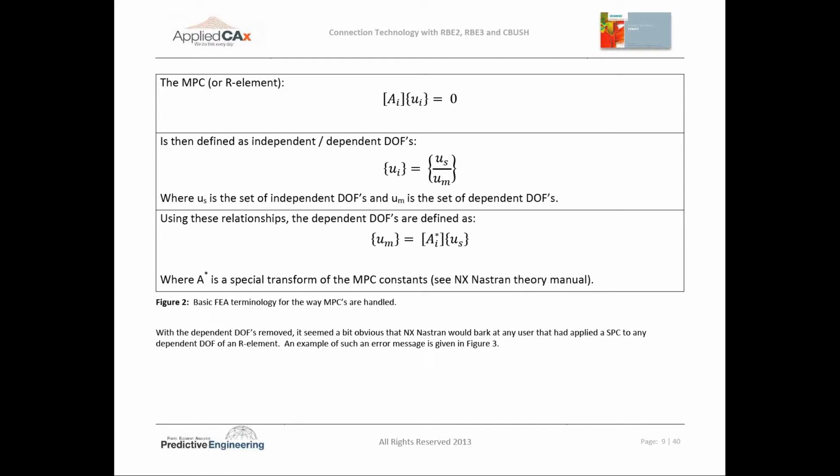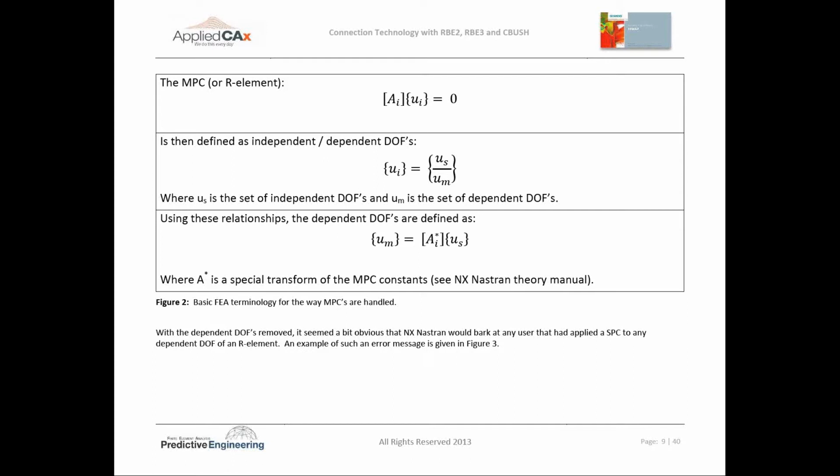And using these relationships, all your dependent nodes can be defined with your independent ones. They're removed from the matrix algebra. Once this operation occurs, they're gone. They're removed from the F equals KU, they're gone from that U column.